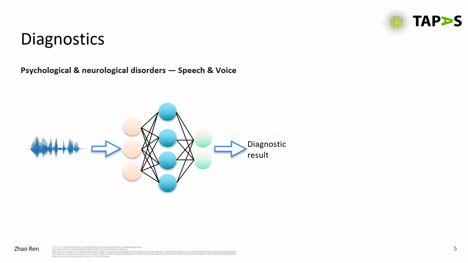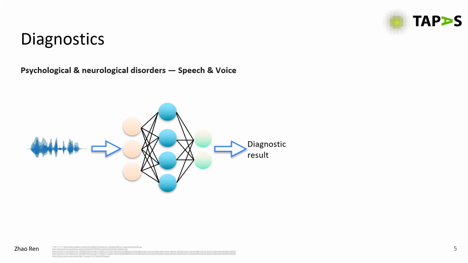Next, let's see what real-world applications we can use speech and voice for in diagnosing all of these disorders. With speech and voice, we can diagnose several types of psychological and neurological disorders.